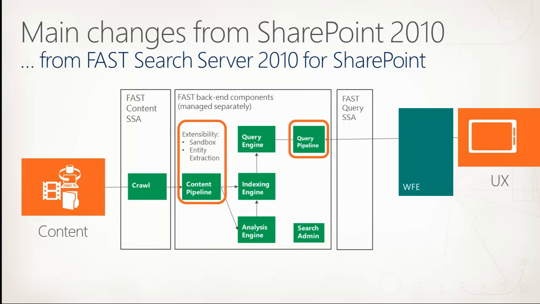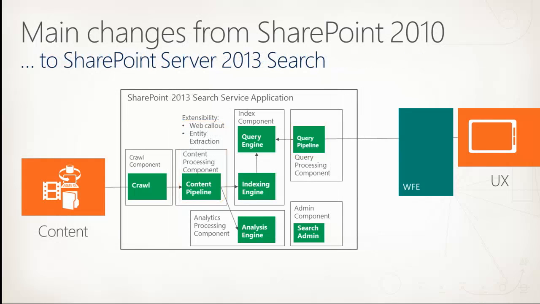So what you see is that the architecture for SharePoint 2013 looks very much like Fast Search for SharePoint, and that's not a big surprise because the foundation is very much the same. But now it's fully integrated, and you have everything in place inside one search service application, as you can see. We have the same scalability and flexibility.